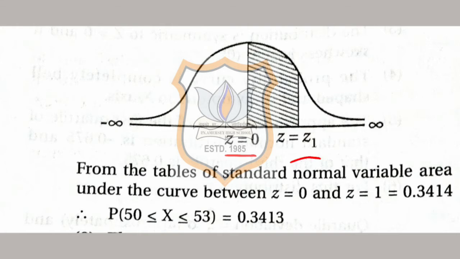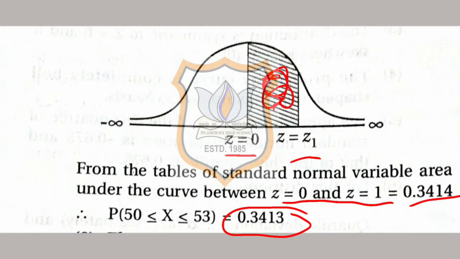Now we have to find this area. The corresponding value of area for z equal to 0 to z equal to 1 from the z table is 0.3413. So probability that x lies between 50 and 53 is 0.3413.